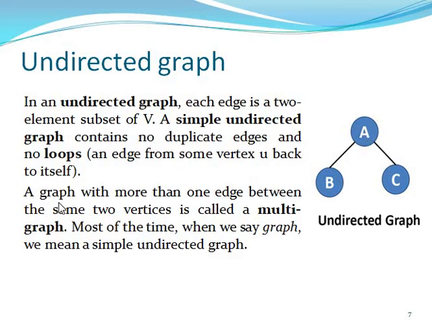A graph which has more than one edge between the same two vertices is called a multigraph. Most graphs are simple and undirected. So in an undirected graph, nodes are connected to other nodes with no direction and no loop constraint. So it is called an undirected graph.